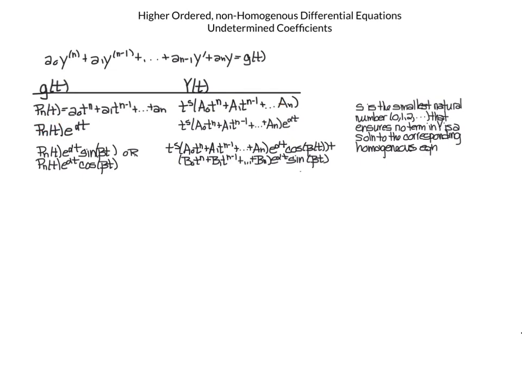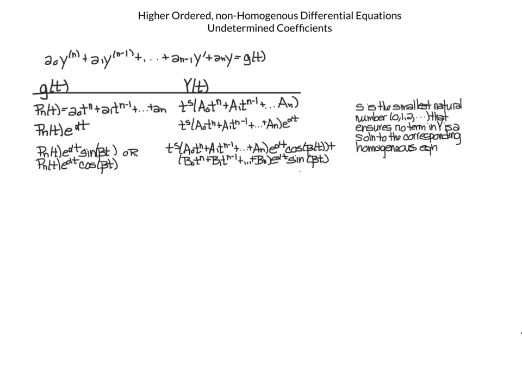If it was a polynomial times e to the at, then our y of t would be a polynomial times e to the at. And last, if it was a polynomial e to the at times sine of beta t or cosine of beta t, we would have the solution of a polynomial e to the at cosine of beta t plus a different polynomial e to the at sine of beta t.